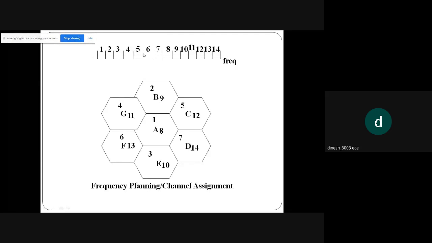So here the frequency gap is increased to 7. You can see that 1, 8 is neighboring to 7, 14, and neighboring to 3, 10, neighboring to 6, 13, neighboring to 4, 11, neighboring to 2, 9, neighboring to 5, 12. So this is how frequency planning and channel assignment can be done to avoid adjacent channel interference.